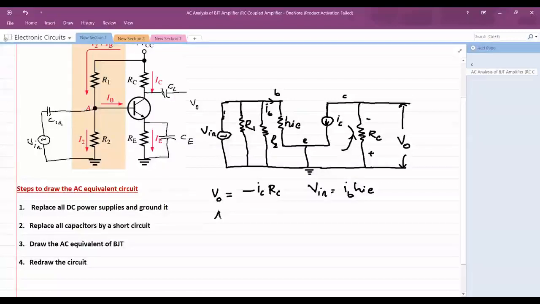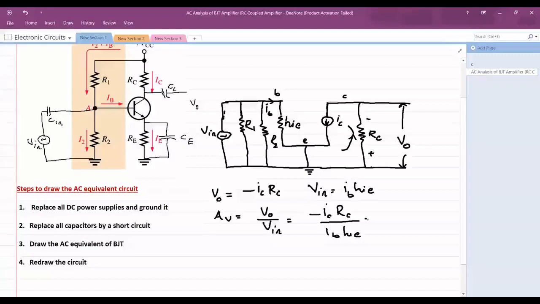Therefore, the voltage gain of the amplifier is given by V0 divided by VIN, that is equal to minus IC RC divided by IB into HIE.